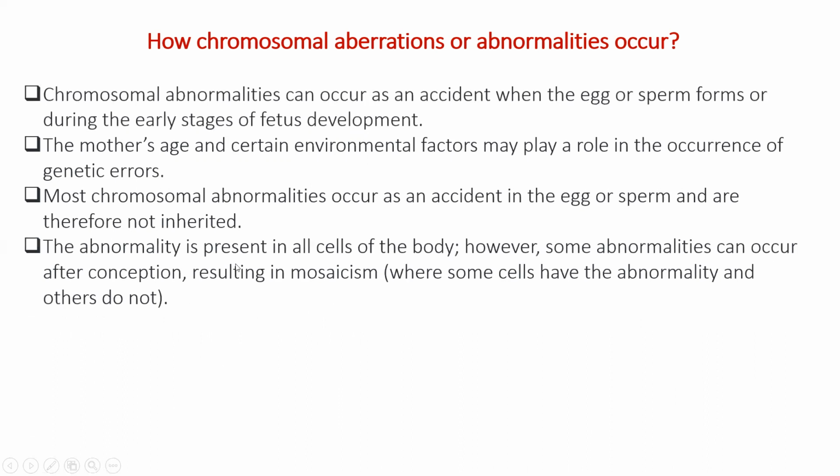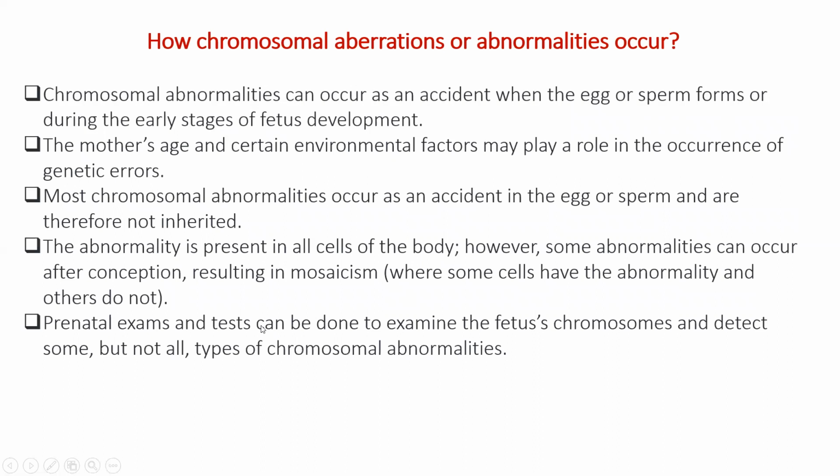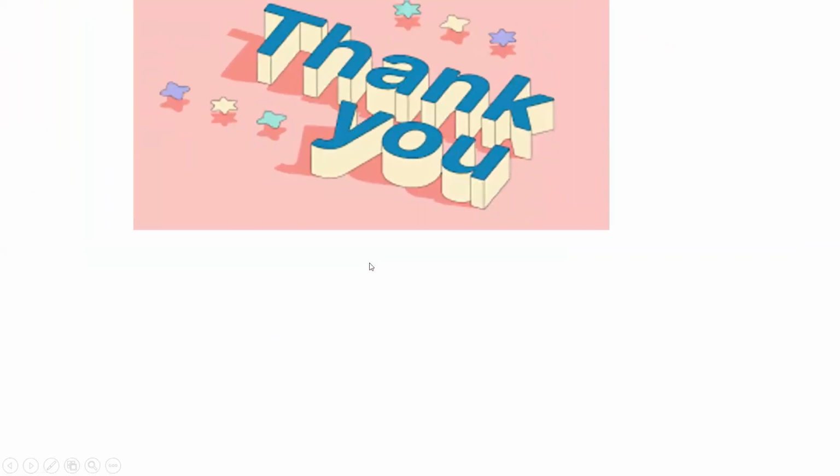The abnormality is present in all cells of the body. However, some abnormalities can occur after conception, resulting in mosaicism, where some cells have the abnormality and others do not. Prenatal exams and tests can be done to examine the fetus's chromosomes and detect some but not all types of chromosomal aberration. So this is all about chromosomal aberration.